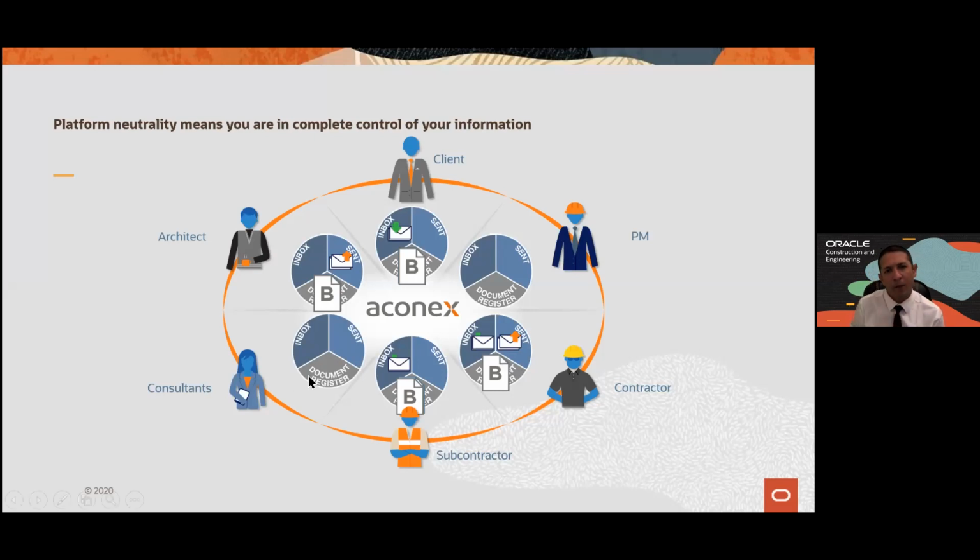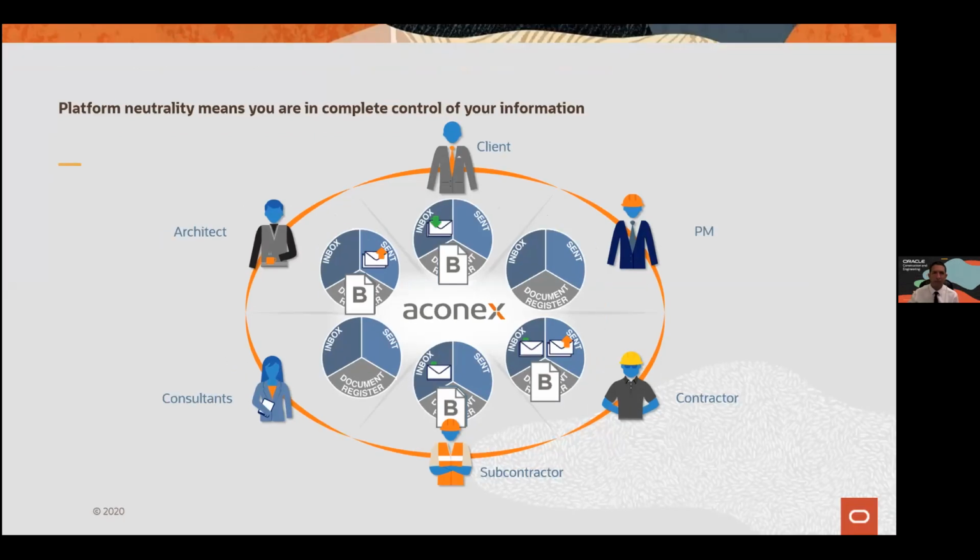And in this case, the consultants organization and the PM have no knowledge of these pieces of correspondence. And this is very important in construction because you want to control the actions that you take as an organization and also to protect your data. You only want to be able to share data that is contractually obligated.